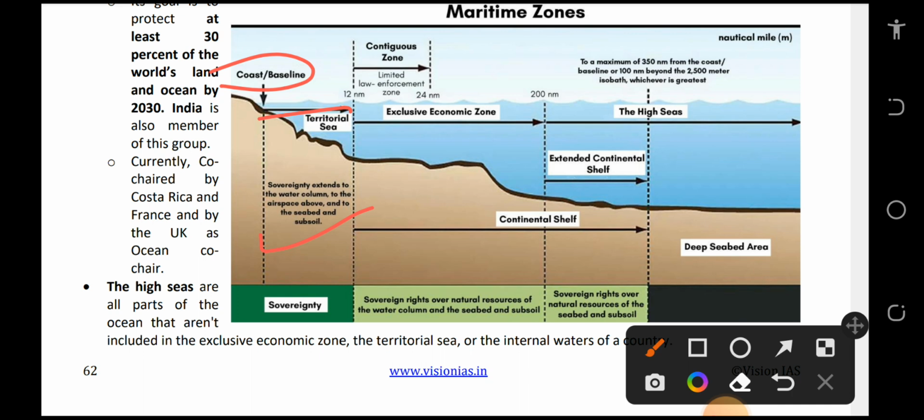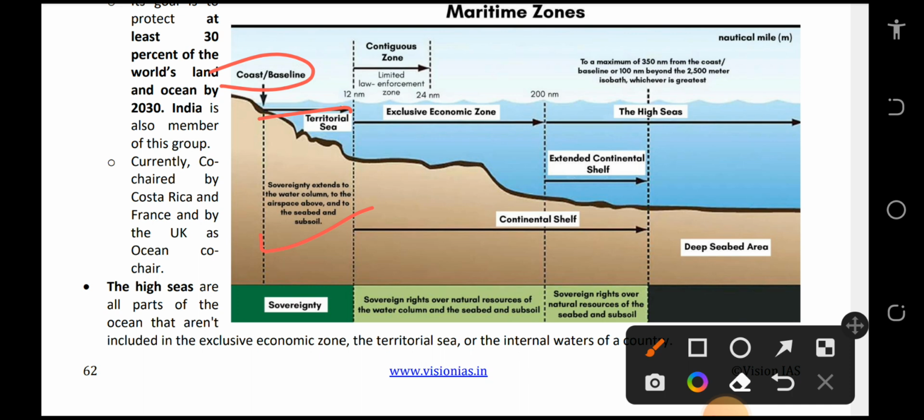Next is the contiguous zone, a limited law enforcement zone. The exclusive economic zone extends 200 nautical miles from the coastal baseline, with sovereign rights over natural resources, the water column, and the seabed and subsoil.